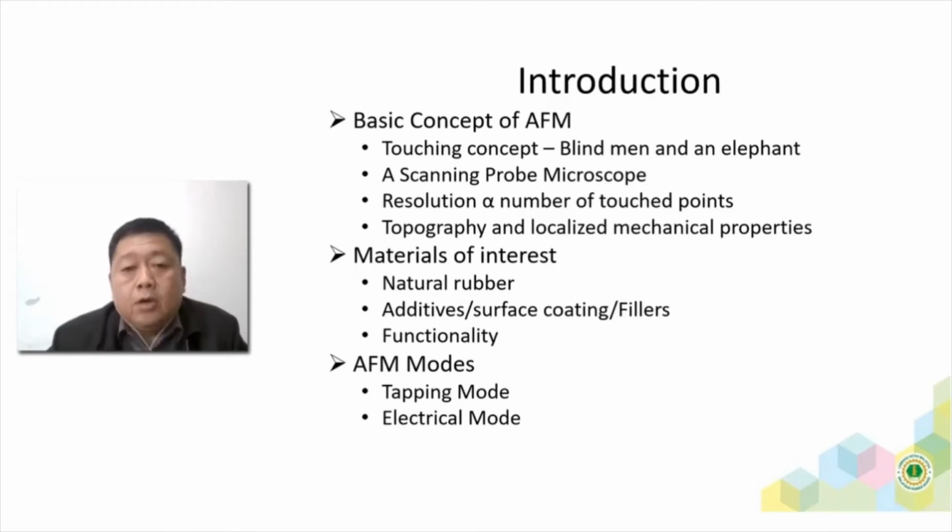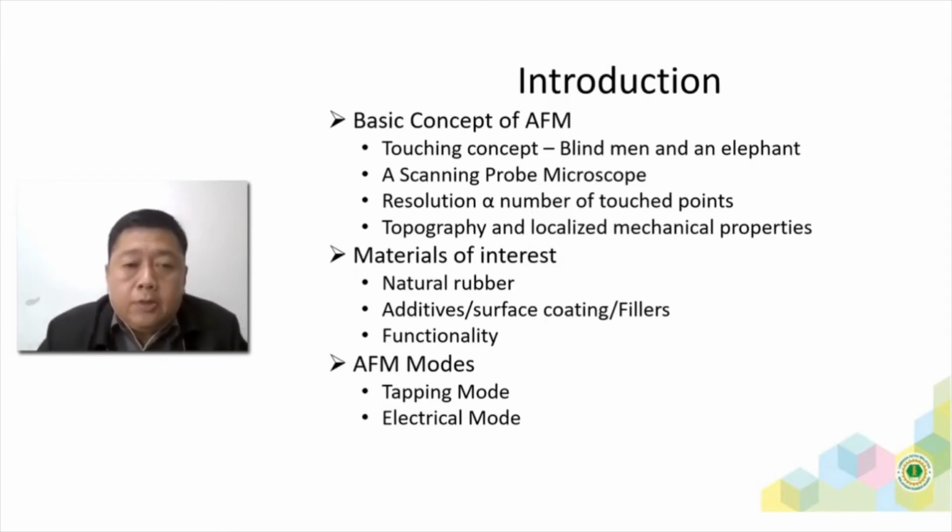All this information is available after one touch of that particular spot. By combining all these spots touched by the cantilever, you will be able to present it in a micrograph to show you whether it's topography, or mechanical properties, or electrical properties.